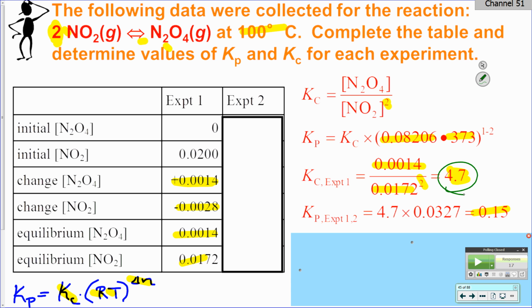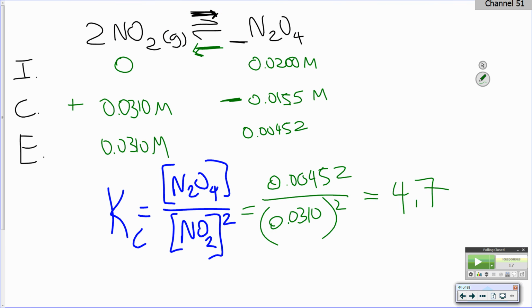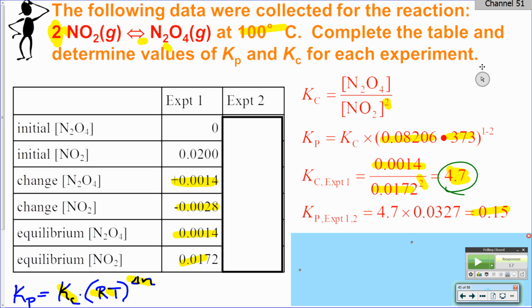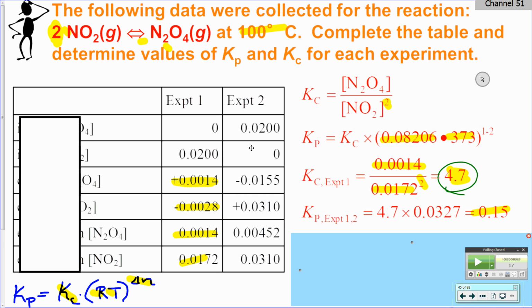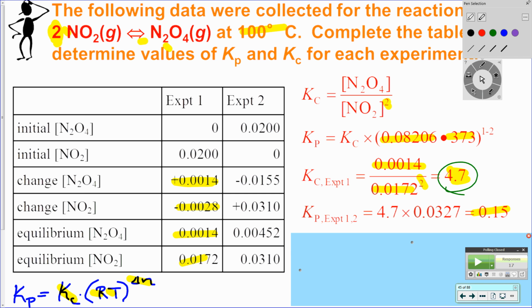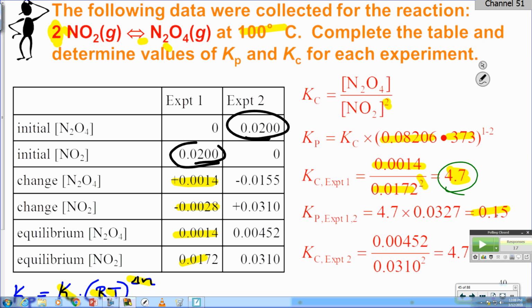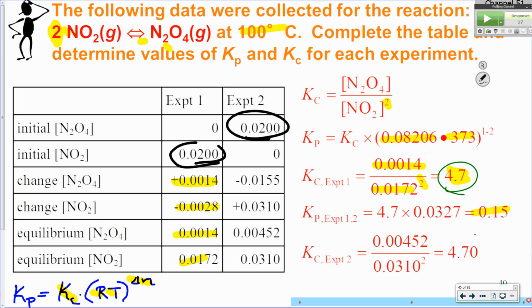For the first system, 4.7. So it doesn't matter which system you start with, whether you start with experiment 1, where you're starting with reactants, or you start with experiment 2, where you're starting with products as written. At equilibrium, both of them are going to go to exactly the same places. It doesn't matter which one you start with. Both of them are going to end up at 4.7 for K sub C.